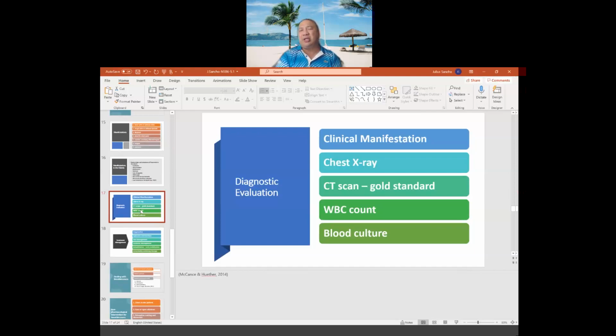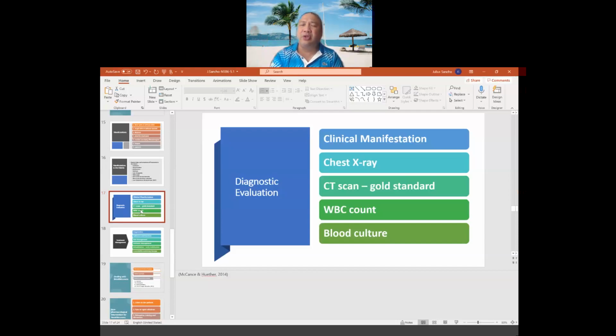So, how do we diagnose pneumonia in the elderly? First, of course, clinical manifestation. Look at those atypical symptoms, which are your low fever, your disorientation, your confusion. Or you could also have the chest x-ray. Well, sometimes the chest x-ray is not clear, right?